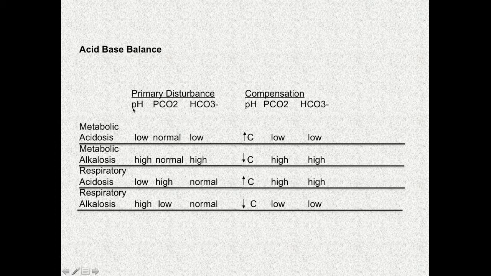It's going to be determined by the pH of the blood, the PCO2 measurement of the blood, and the bicarbonate concentration in the blood. These three pieces of information are going to be able to tell you whether or not a person is in acidosis or alkalosis, what kind of imbalance it is, and whether or not there is compensation.